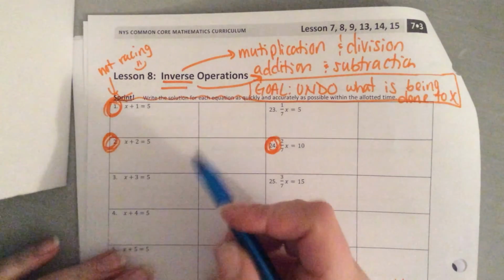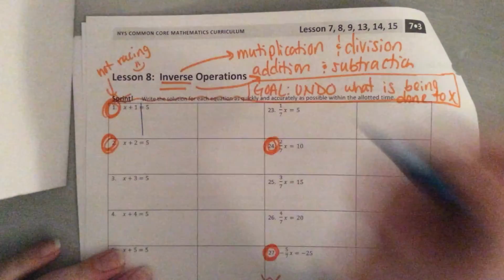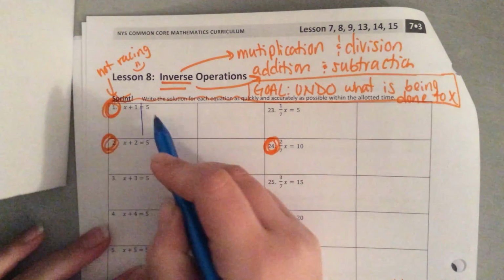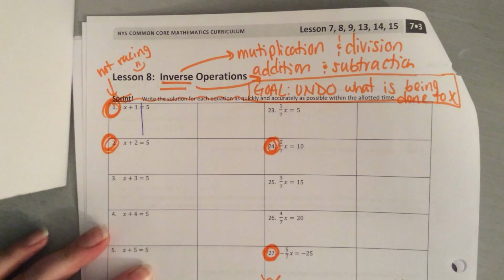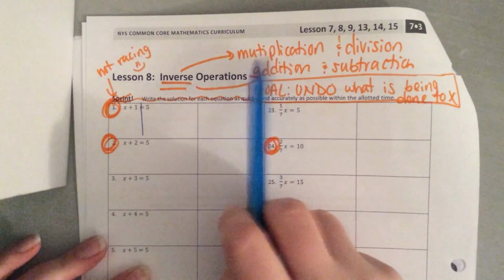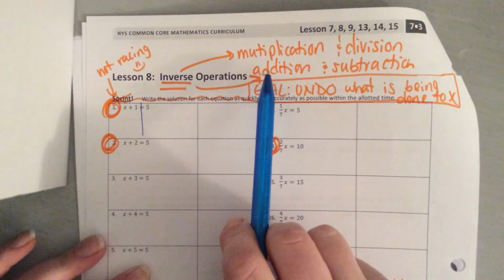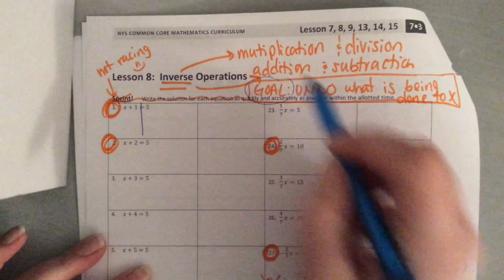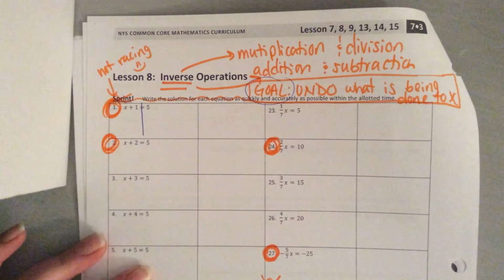What you want to do is you want to drop a line down from that equal sign, okay? That's a big thing. Kind of helps you remember that on each side you have to balance it out. So our goal here, if you look at this, talks about inverse operations. So multiplication and division are inverses, addition and subtraction are inverses. Your goal is to undo what's being done to x, okay?